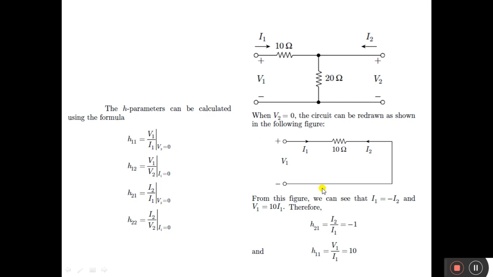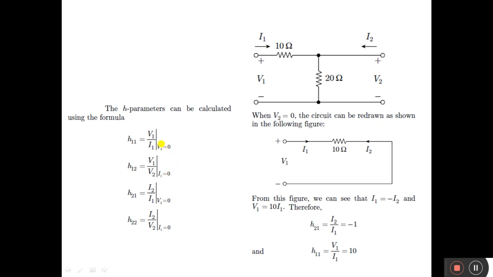As per the conventional method, while calculating H parameters, first we need to put V2 equal to 0 in the equation. Once you put V2 equal to 0, you will get H11 and H21. Similarly, if you apply I1 equal to 0, that is whenever the port current is open, then H12 and H22 we can calculate.